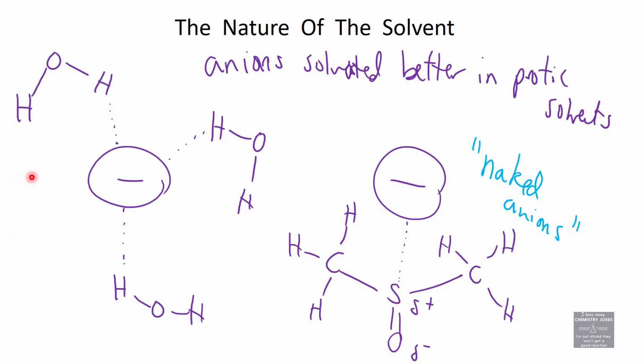But in SN1 reactions, we don't usually have anionic nucleophiles. We usually have neutral nucleophiles. So the solvation of the anions doesn't matter so much. The carbocation is solvated regardless of the solvent type.